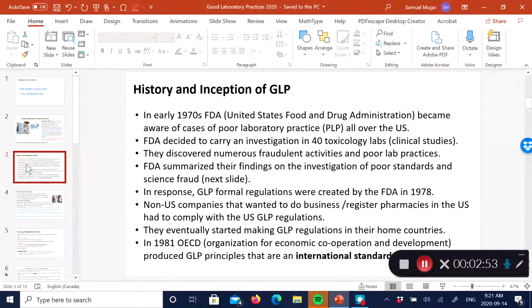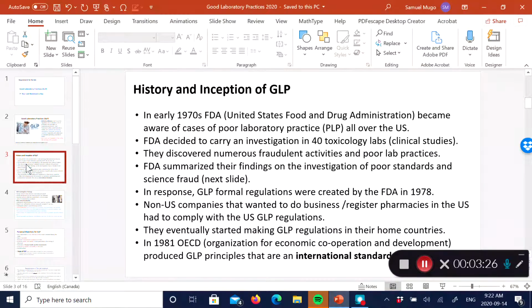So the FDA decided to investigate up to 40 clinical studies that were being conducted by toxicology labs, and they discovered numerous fraudulent activities and poor laboratory practices. As such, they recommended a set of guidelines by which all labs, especially those doing clinical studies, must abide. That happened around 1978.